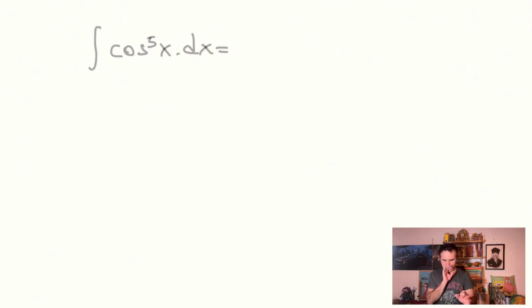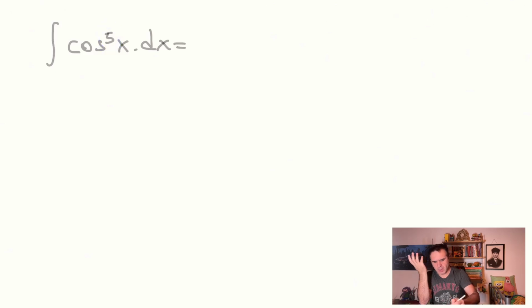But I want you to pay attention. The reduction method I'm going to show here can be applied to any case where the exponent of cosine x is an odd number. To solve the question, we separate one of the cosine x factors.